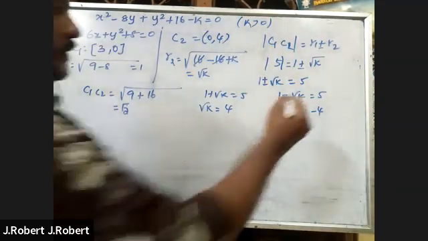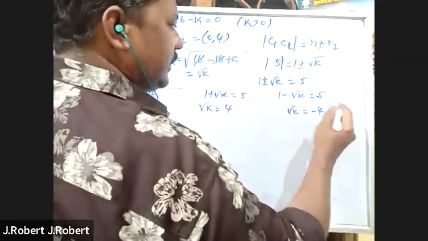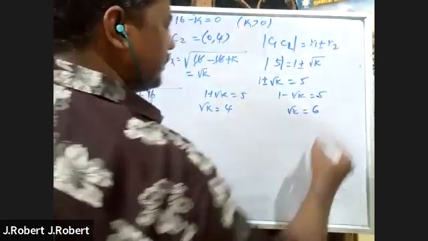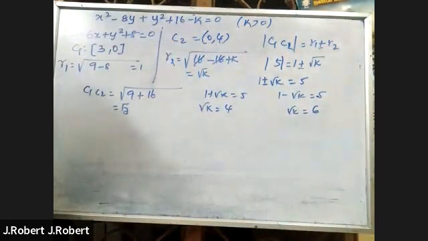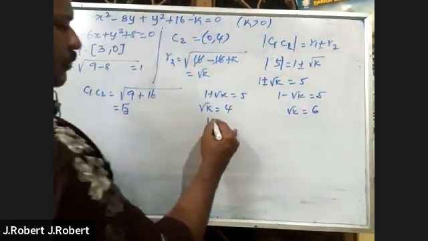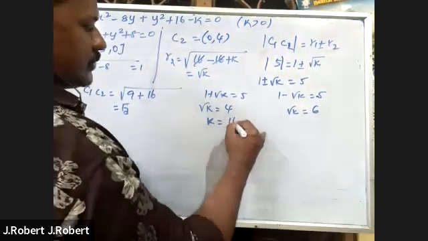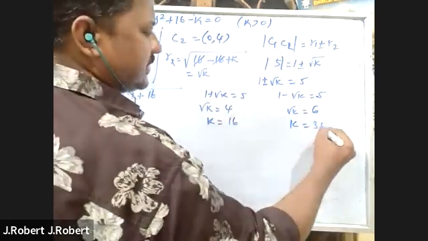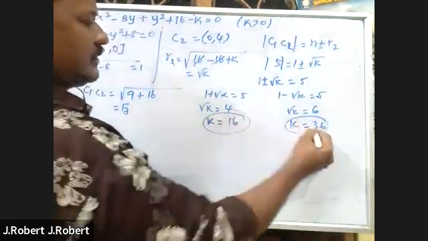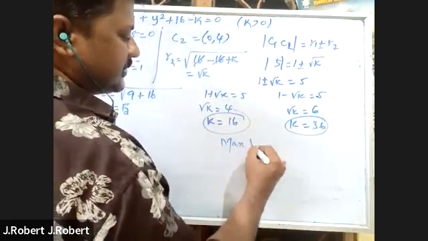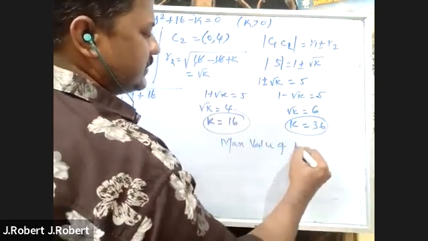Plus or minus, this will be minus 5, sorry, so 6, which is equals to 6. So root k is equals to 4 and root k is equals to 6. Squaring on both sides, k is equal to 16, k is equals to 36. The maximum value, which one? 6. So therefore the maximum value of k is 36.